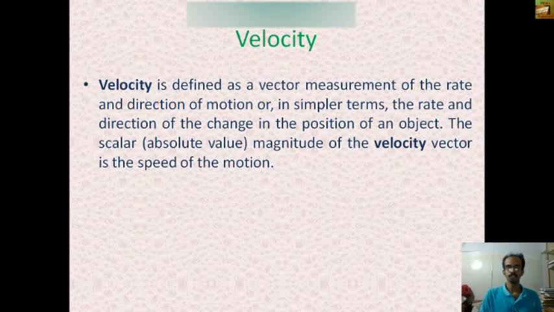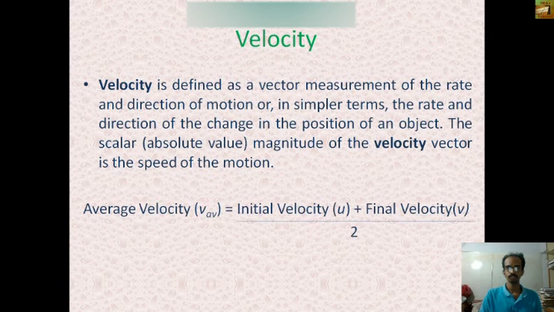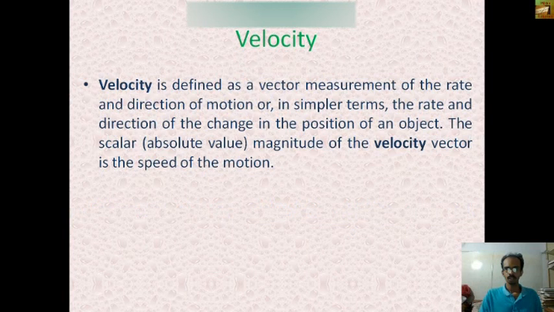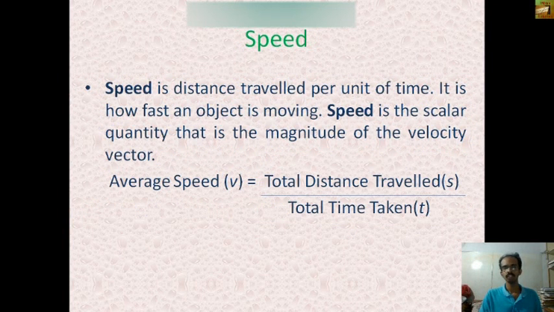Average velocity can be found using this formula, that is initial velocity plus final velocity divided by 2. Similar to the formula where average speed is equal to total distance traveled divided by total time taken, in the case of velocity, it is total displacement divided by total time taken.